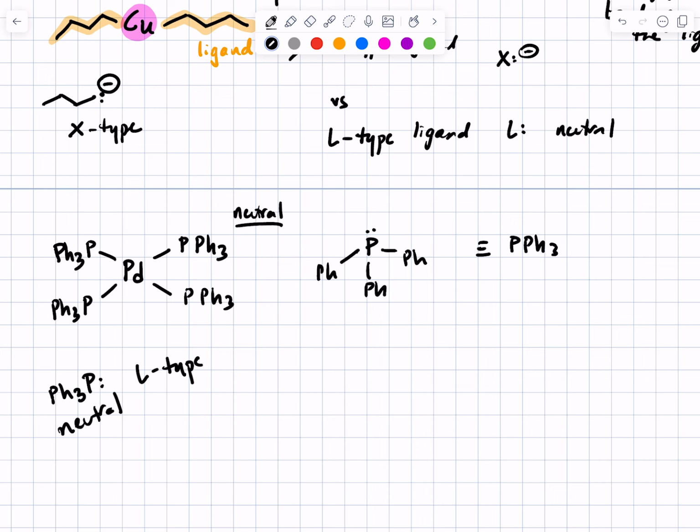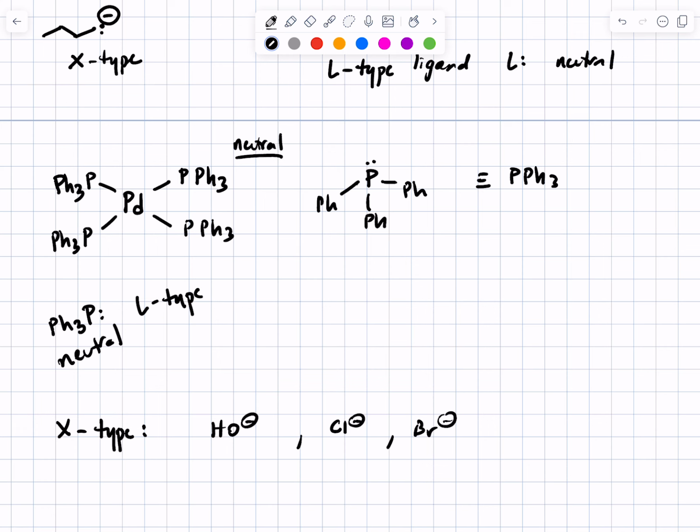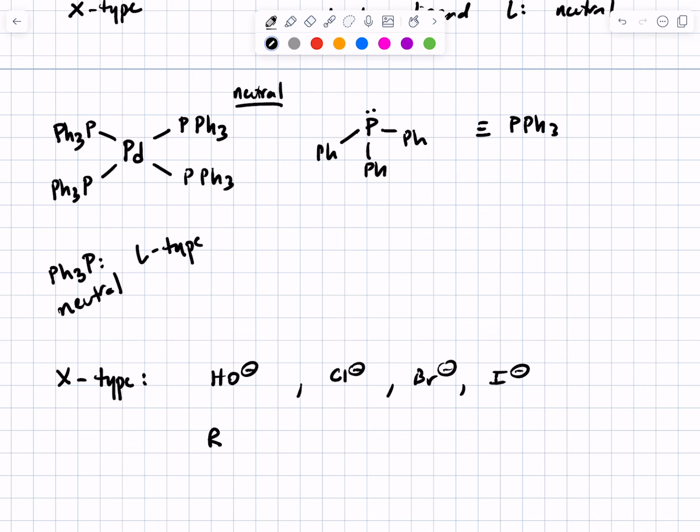Okay? So what are some examples of ligands that might be X-type ligands? Basically anything that you can think of that might be negatively charged. So hydroxide could be an X-type ligand. Any of the halides, chlorine, bromine, iodide, fluorine, a carbanion, basically any negatively charged carbon, hydride, a bond between a metal and hydrogen, that would be an X-type ligand.